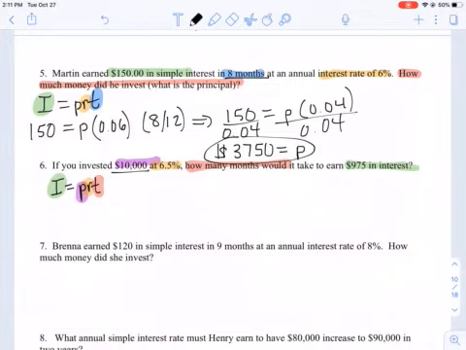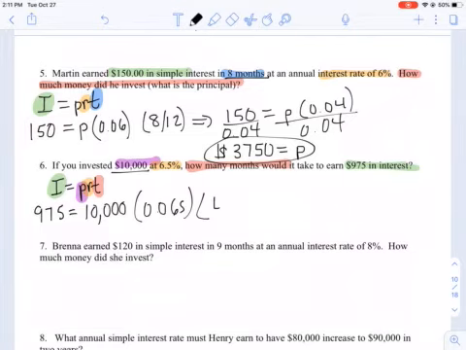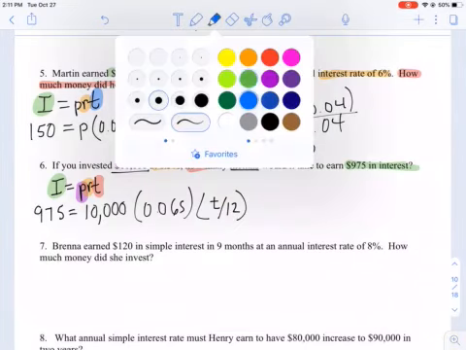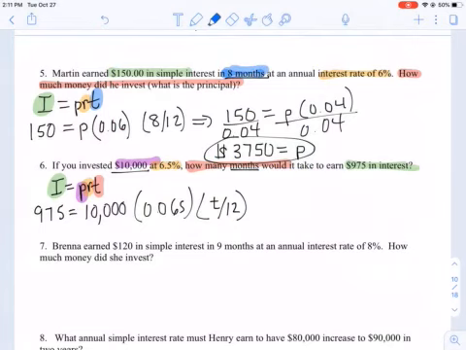Plug in what you know. 975 equals 10,000 times 0.065 times time. But since it's in months, it's time out of 12. Just like here, we use 12 because of 8 months. So we need to know how many months. We need to find the top part.